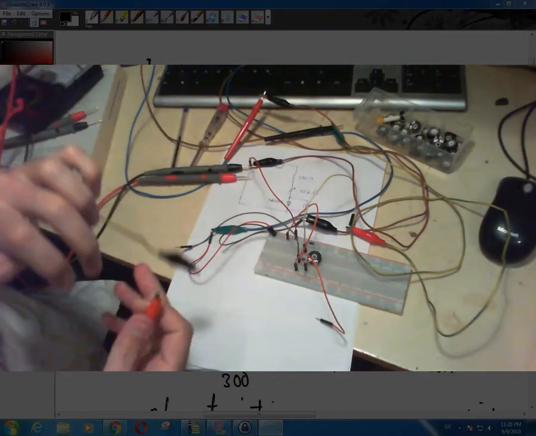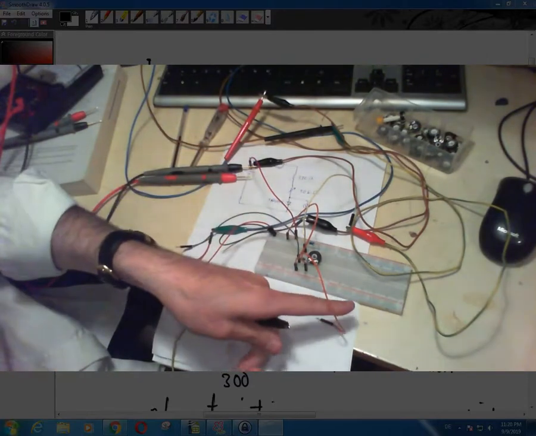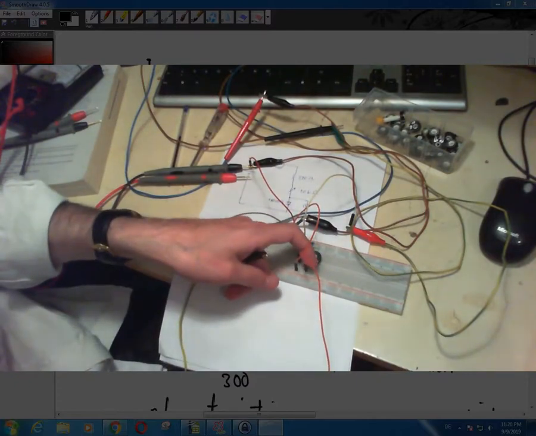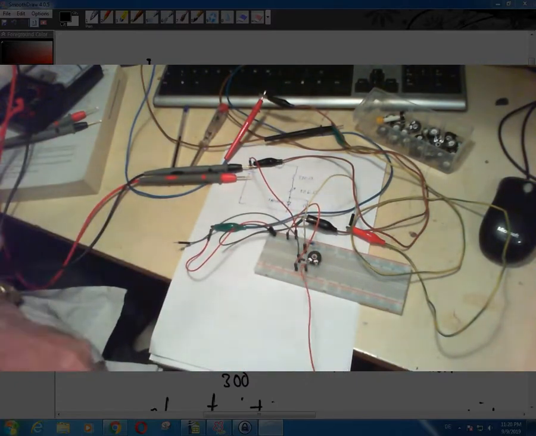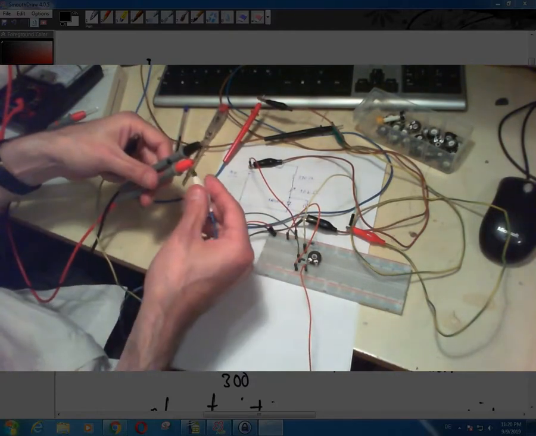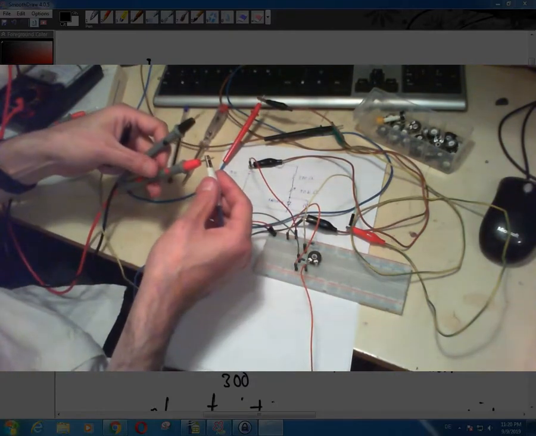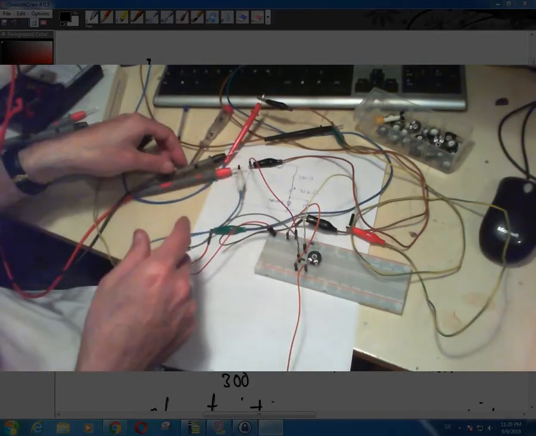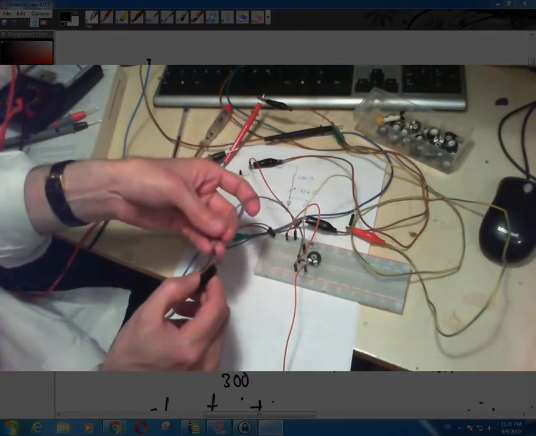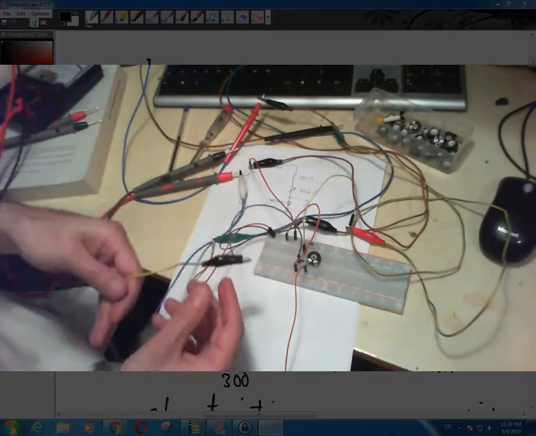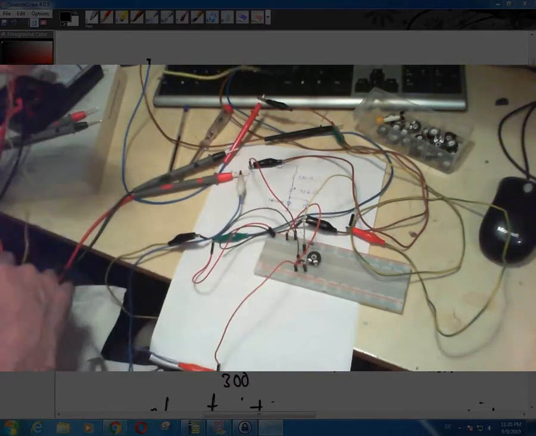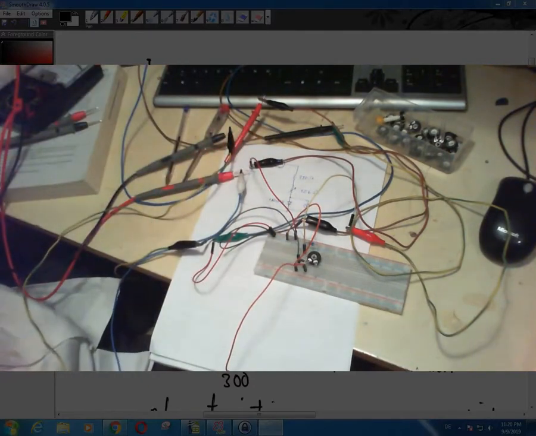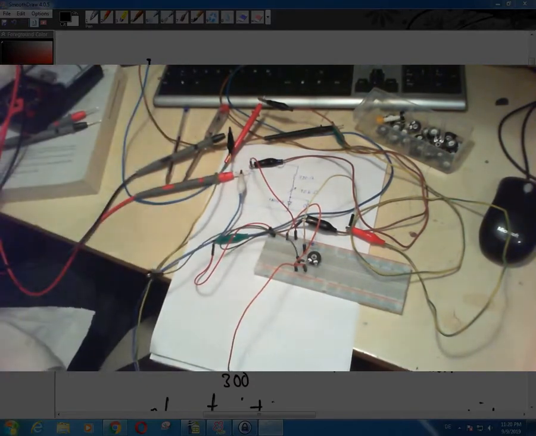Okay, so I connect this. This is positive, for example, because it's the anode of the diode. So I connect it to the positive of my power supply. I'm sorry, to the positive of the voltmeter, and this is negative because it's connected to the cathode. And so I connect it to the negative here. And again, you need to make sure that these things are not connected together.